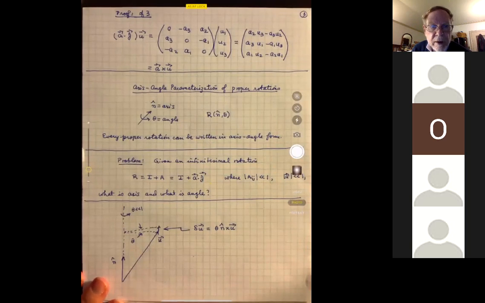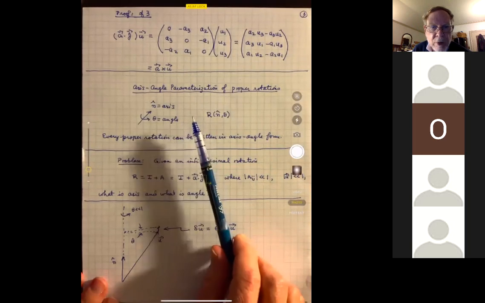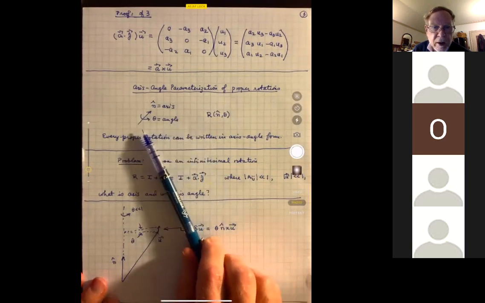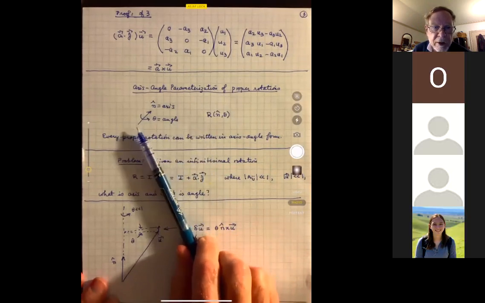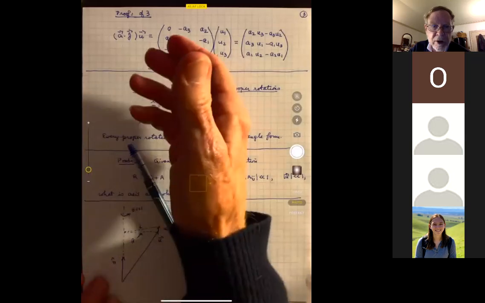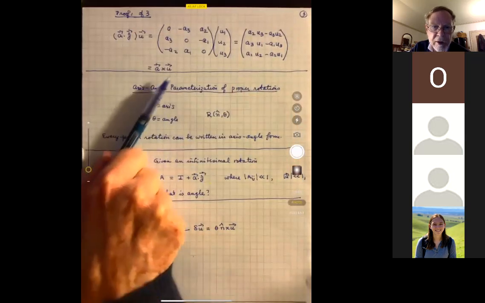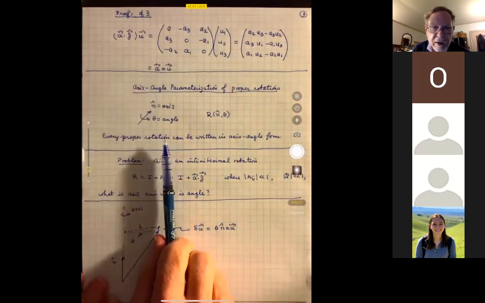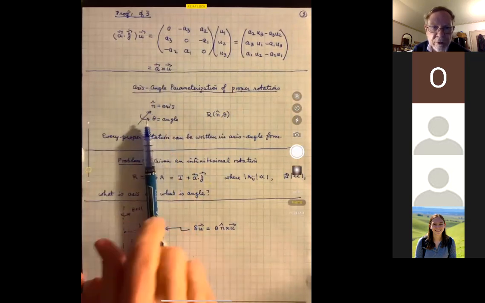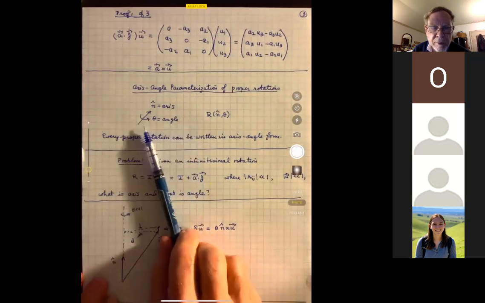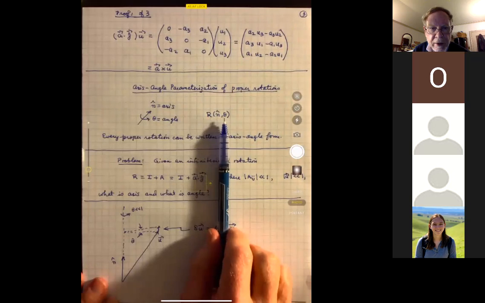All right. Something else we talked about last time is the axis angle parameterization of proper rotations. An axis is just a unit vector, but it represents an axis of a rotation. If I use my hand, you rotate like this with your thumb pointing in the direction of the axis, and the angle is theta. In other words, use a right-hand rule. And this gives us a parameterization of proper rotations, which we write as R of n hat comma theta.